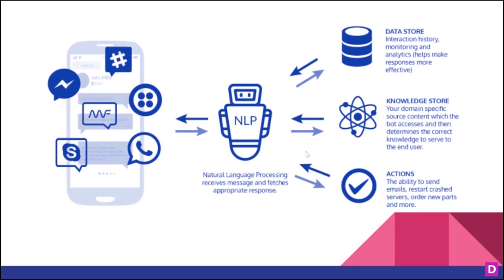And suppose you want the system to perform certain activities, such as triggering or sending a mail, setting an alarm, or performing certain activities through voice control. Then the NLP system should be able to capture those voice responses and render that to the end user.